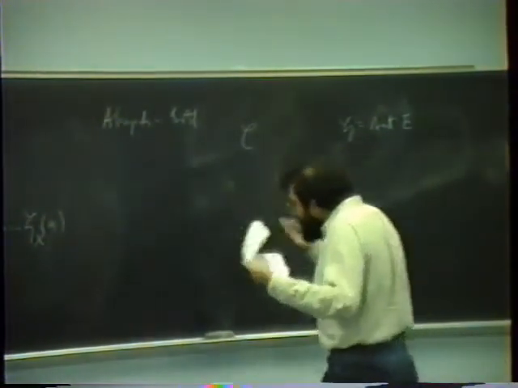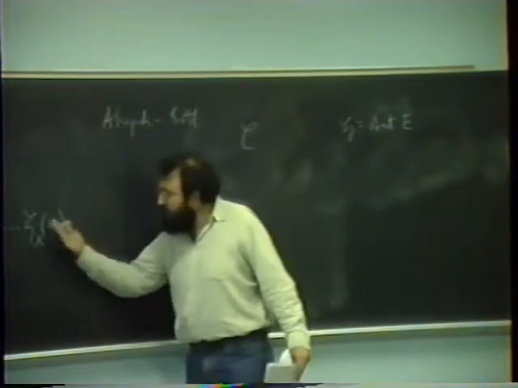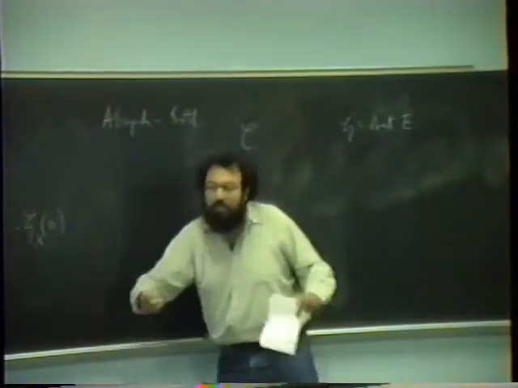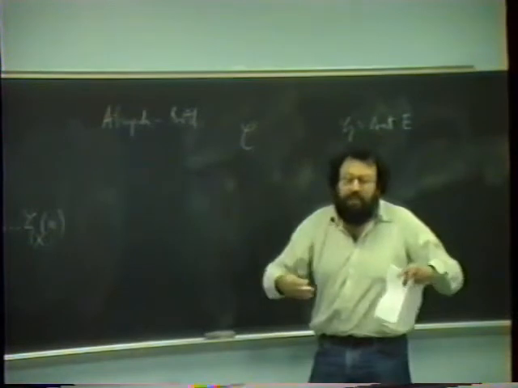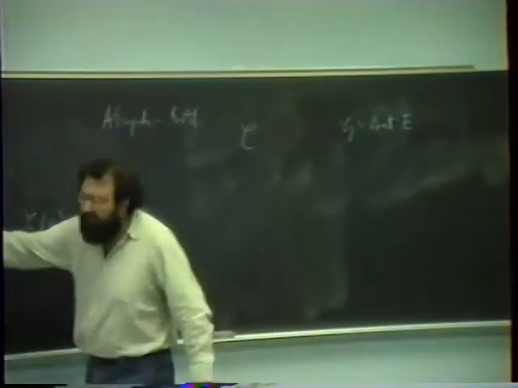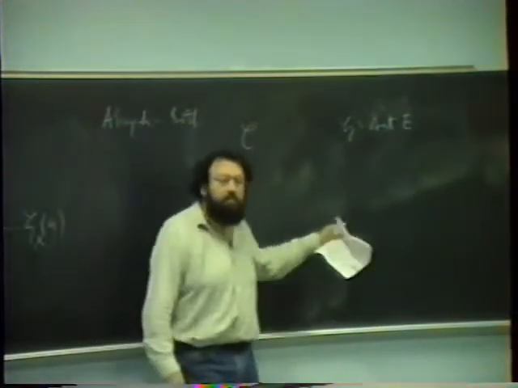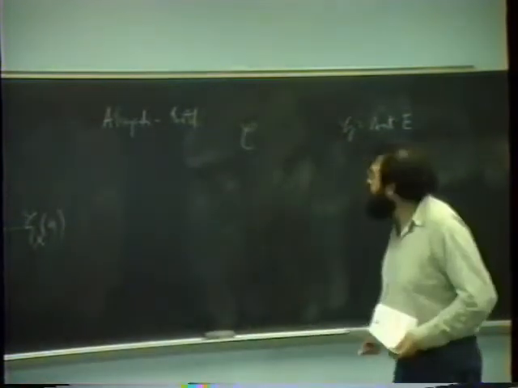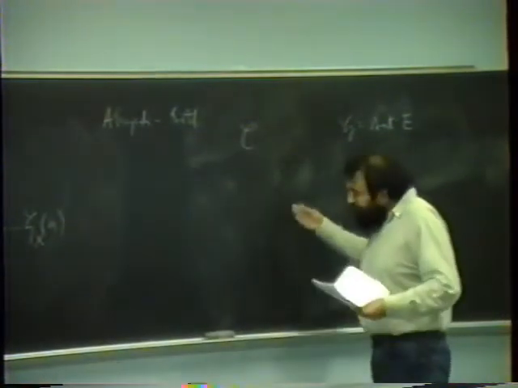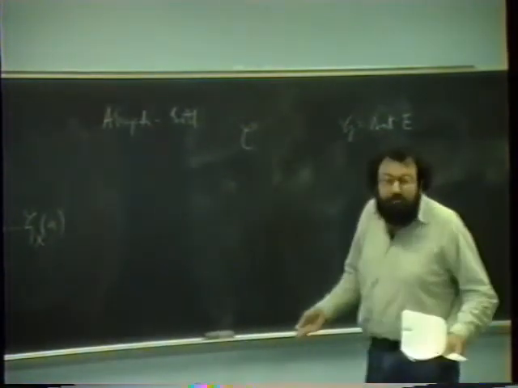And they would do a calculation in parallel, in the sense that they would stratify, and where these guys would be counting points over a finite field, they would be dealing with equivariant cohomology, and they would end up with the same formulas.